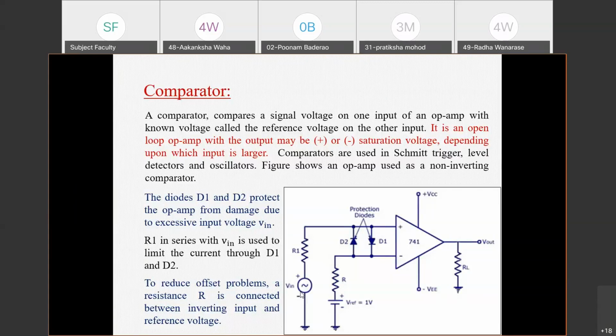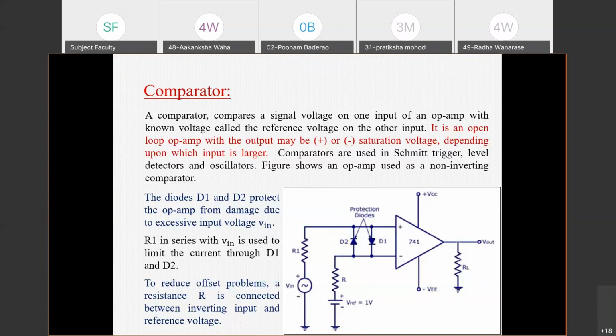And suppose the voltage at the non-inverting terminal is less than the voltage at the inverting terminal, then your output will be negative.